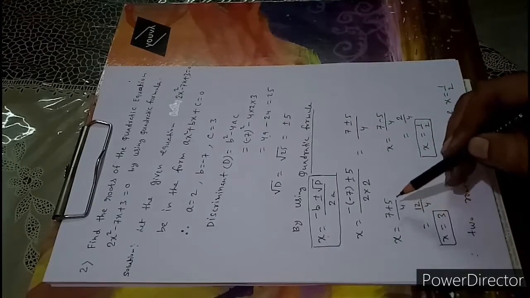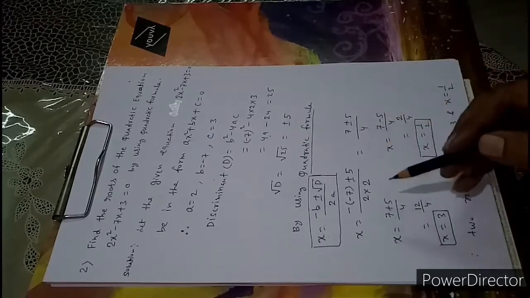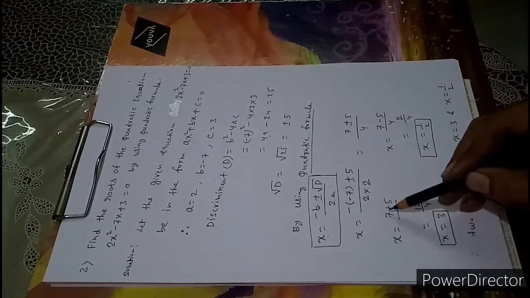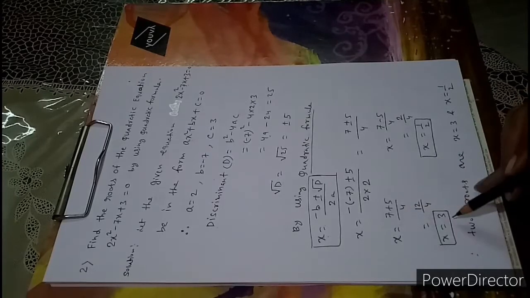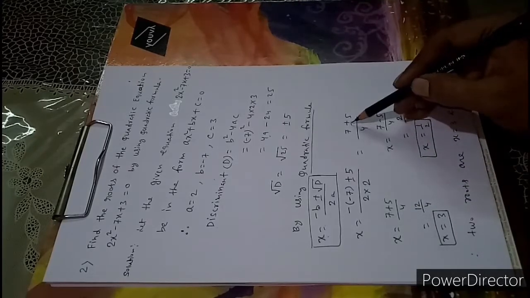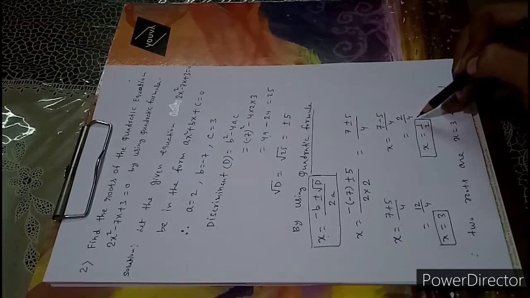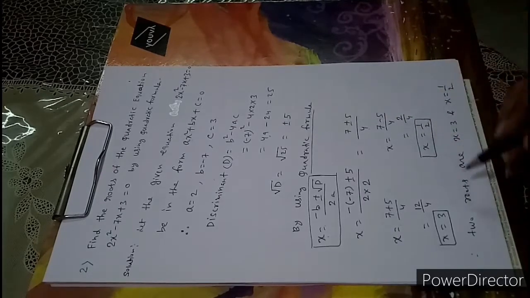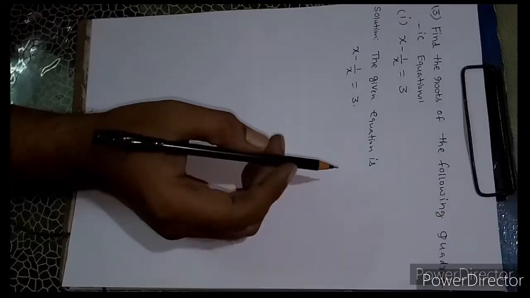You have to take two values of x, one for plus, another for minus. If you take plus, you get x equals 7 plus 5 by 4. On solving, you get 12 by 4, that is 3. And if you take the minus value, x equals 7 minus 5 by 4, that is 2 by 4, that is x equals half. Therefore, the two roots are 3 and half.